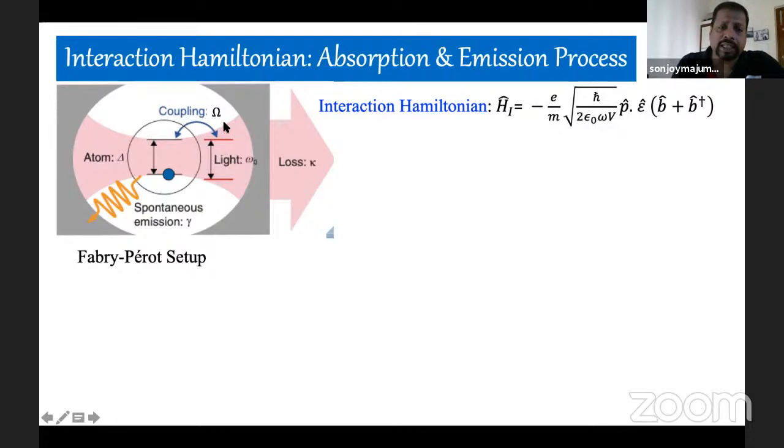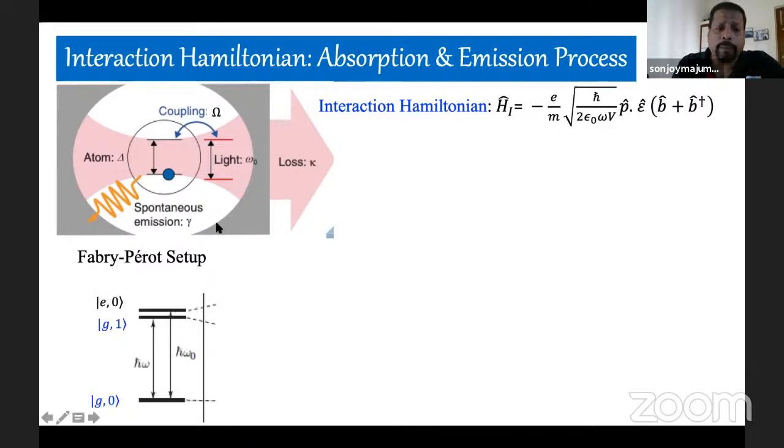And this cavity is made as a Fabry-Perot kind of setup. So, as we have explained, you will get composite states like G0, G1, E0, then G2, E1, and subsequent composite states. And the interaction Hamiltonian, as we explained earlier, you will get this one.